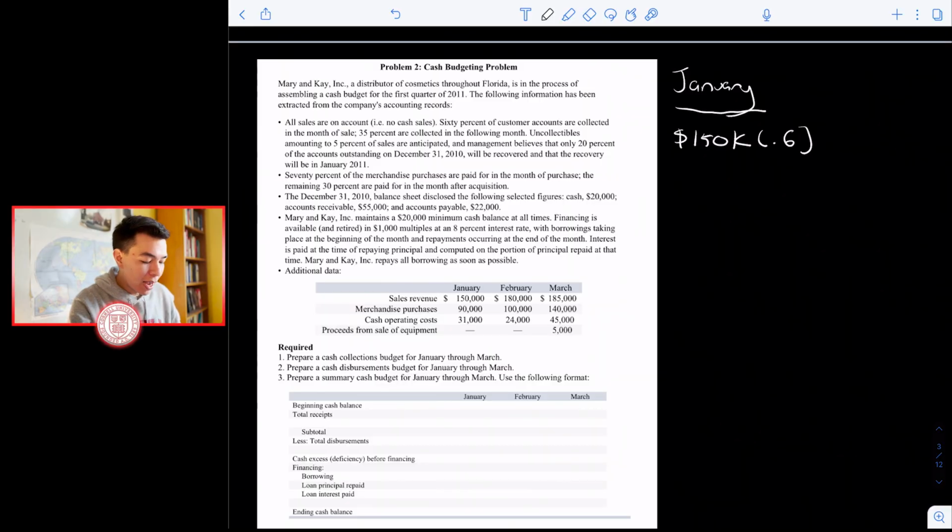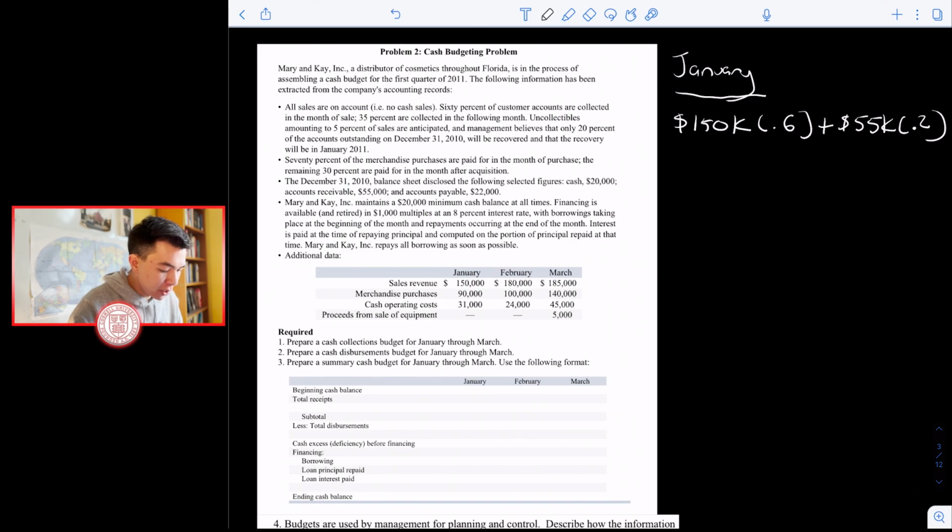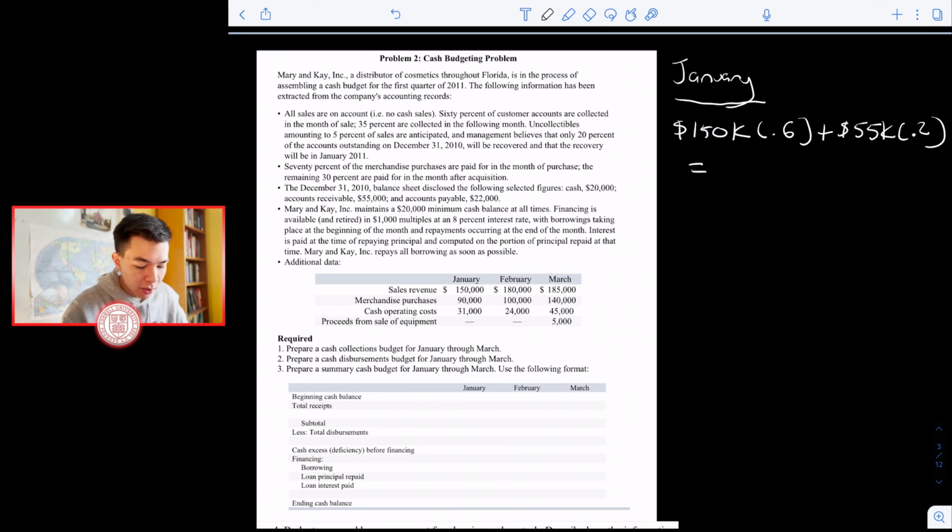And we only collect 60% of the sales of January in January. So I multiply that by 0.6, and then I am going to add 55,000. This is the accounts receivable. But remember, we're only collecting 20% of that. The other 80% will be uncollectible. And I think that's actually pretty much it. So I'm gonna add those two things together. So when we add that up, we get 101,000 for January.